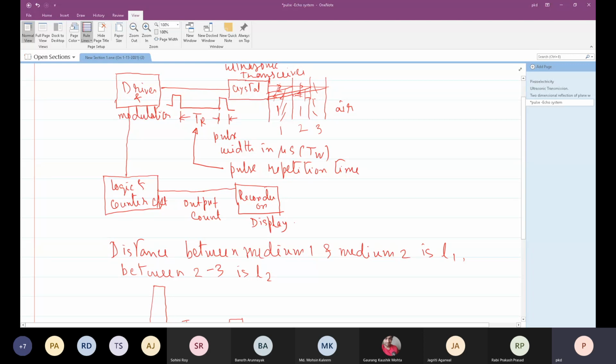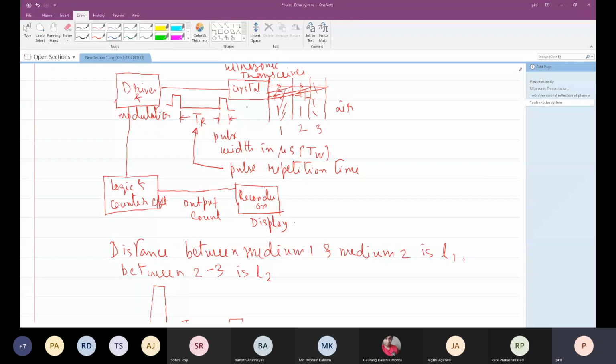If I have a matching layer corresponding to the crystal acoustic impedance and the roughly known acoustic impedance of medium 1, then this kind of reflection will be there. Otherwise there would be further reflections. So if matching fluid is not there, then subsequent multiple reflections will come.